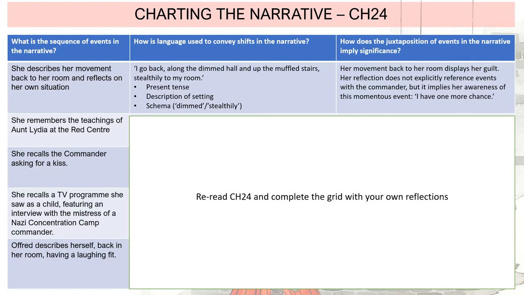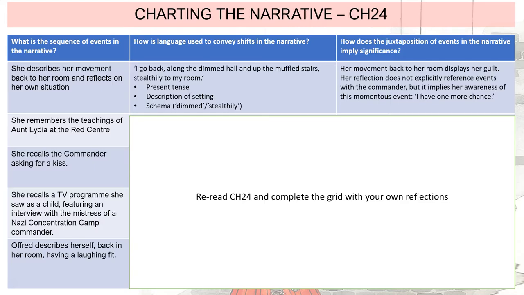So the tense and the setting help us establish the time frame. But how does this imply some significance to us? Well, we know that the description of the rooms I've already discussed displays her guilt, possibly her low status. She is creeping back in context to her room after conducting an illegal meeting with the commander.